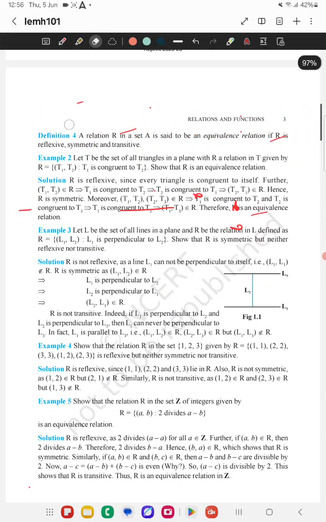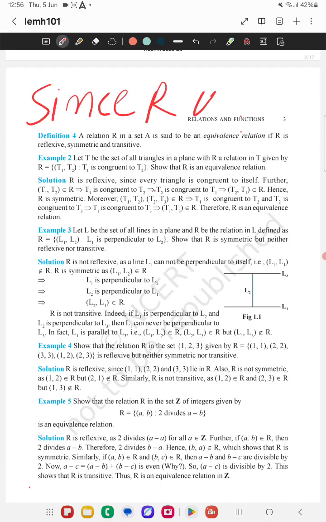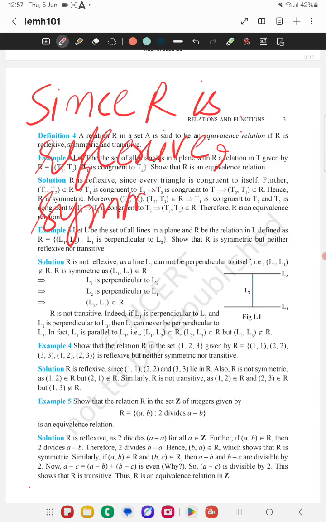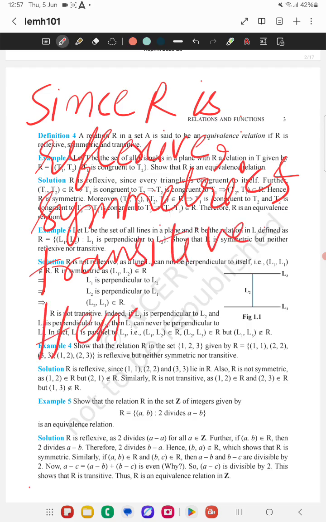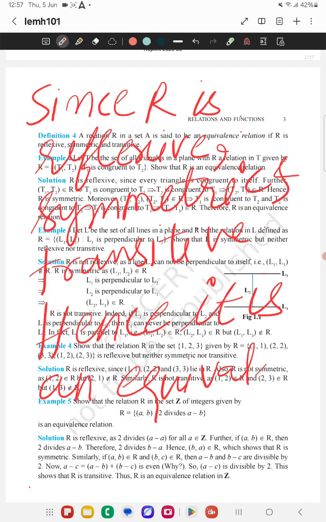So we will write: since R is reflexive, symmetric and transitive, hence it is an equivalence relation.